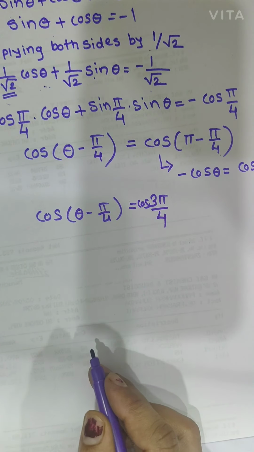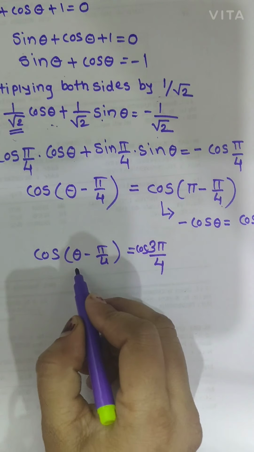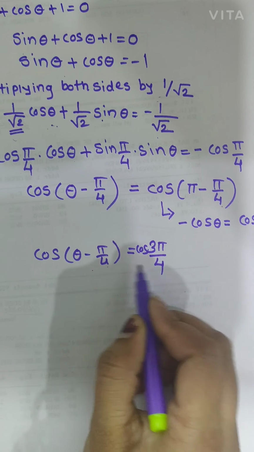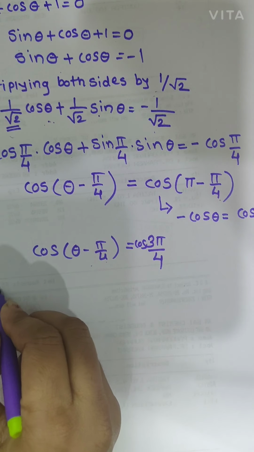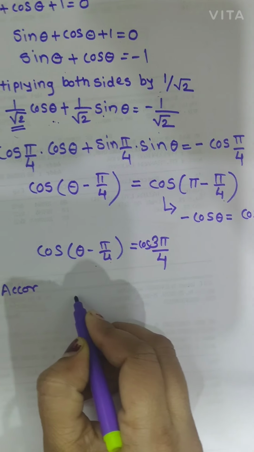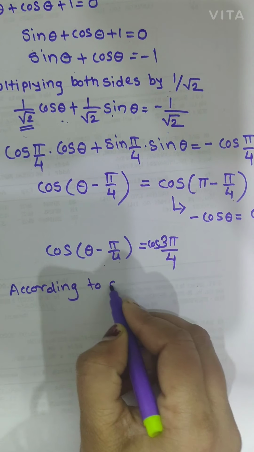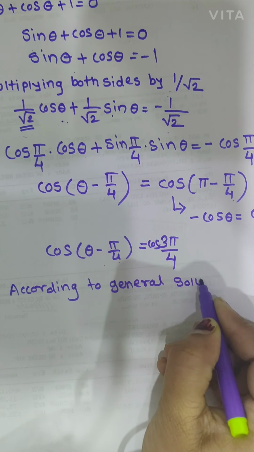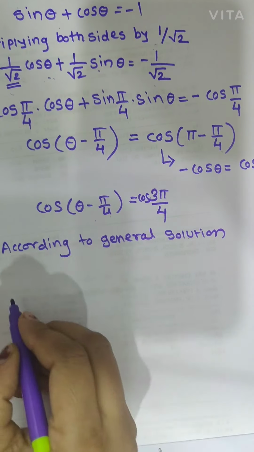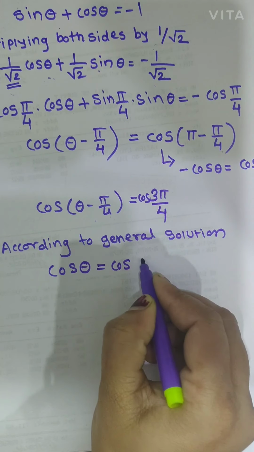Now here our aim is to find the general solution. So if you observe this concept, there is a formula to find the value of the general solution. Cos theta is equal to cos alpha.